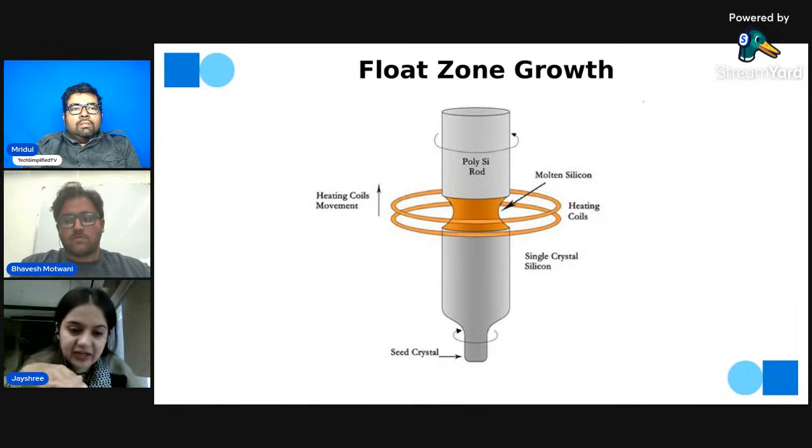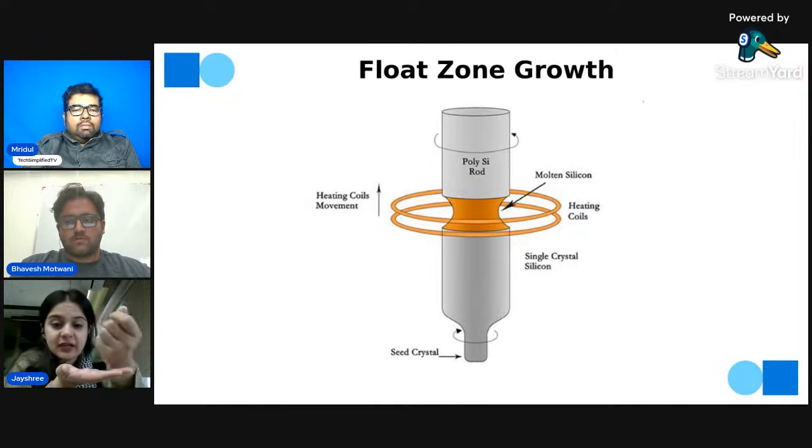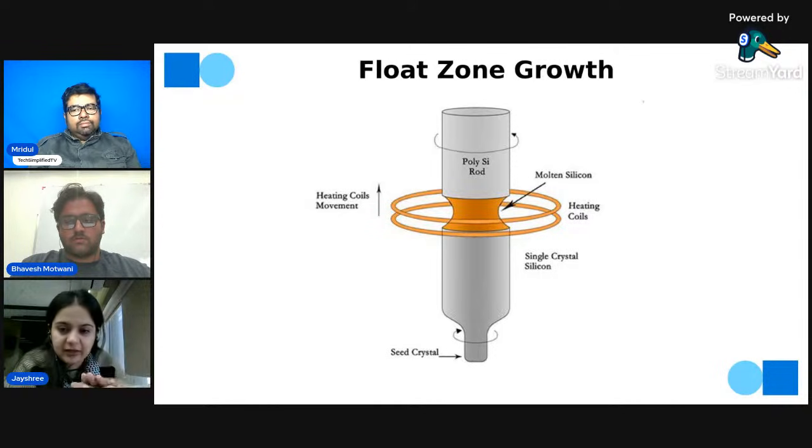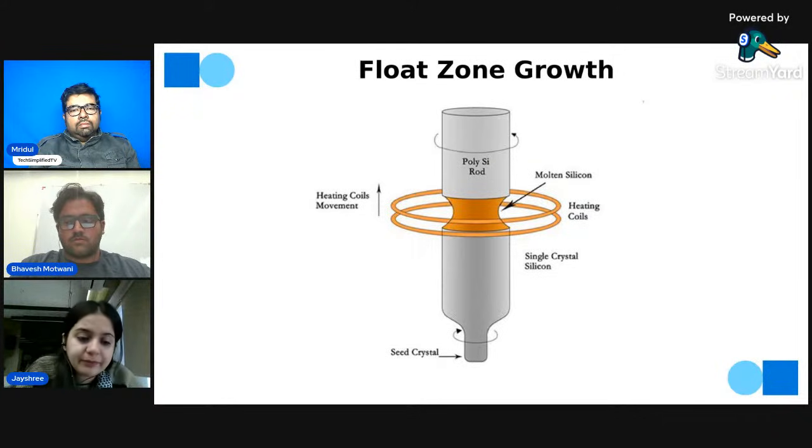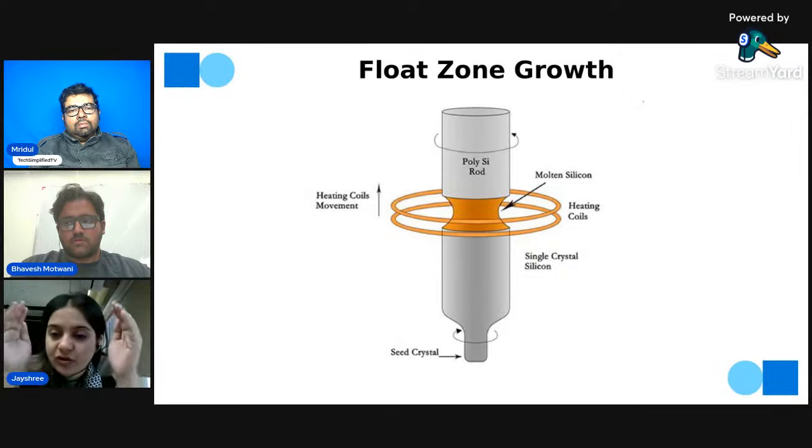Most impurities, which are less soluble in the crystal, stay in the molten silicon downside, and the upper side is the best part of the silicon, which grows up. Again a single crystal is formed, and with the help of clamping, we rotate it and take it in the upward direction. So this is what the float zone method is.